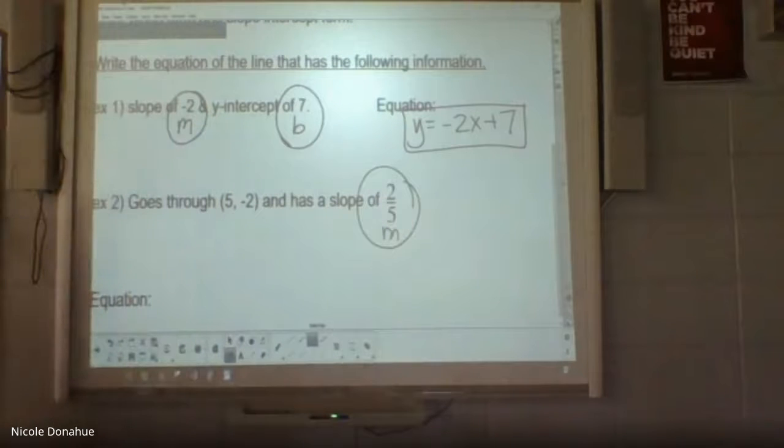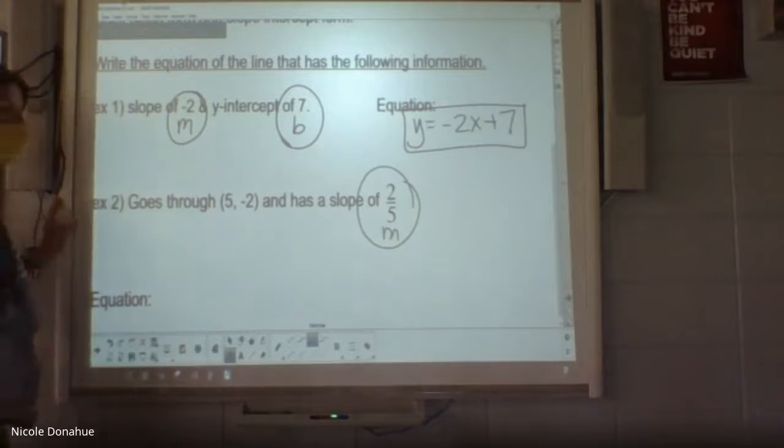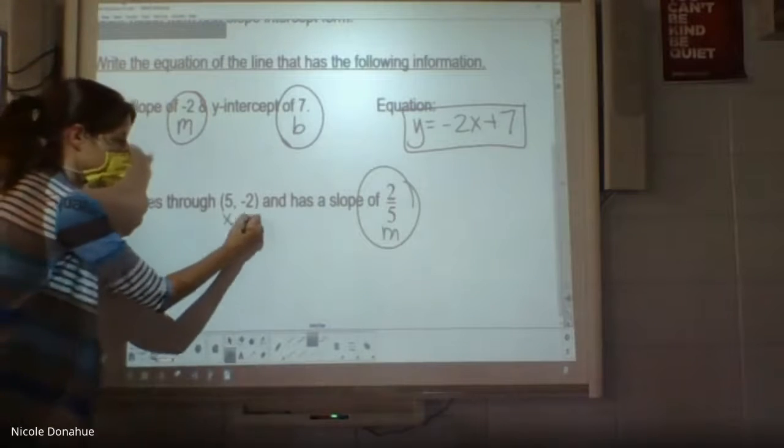They told us m. That means we need to know b, but they didn't tell us b. So we need to find it. How can we find it? What can we do to find b? Yeah, Ethan? Put 5 and -2 in as x and y into the slope-intercept form.